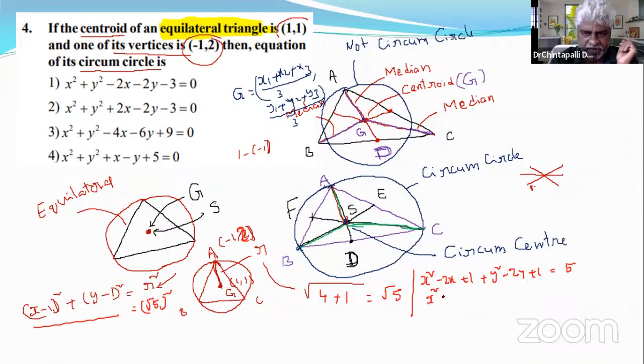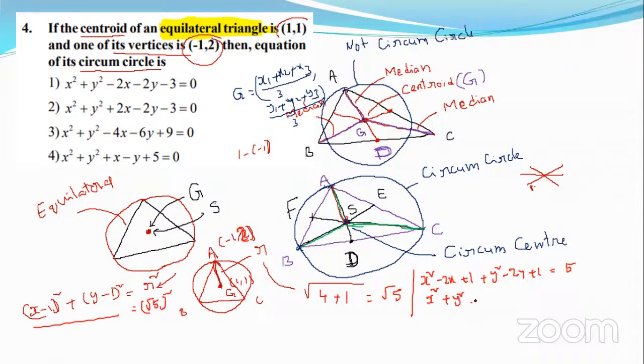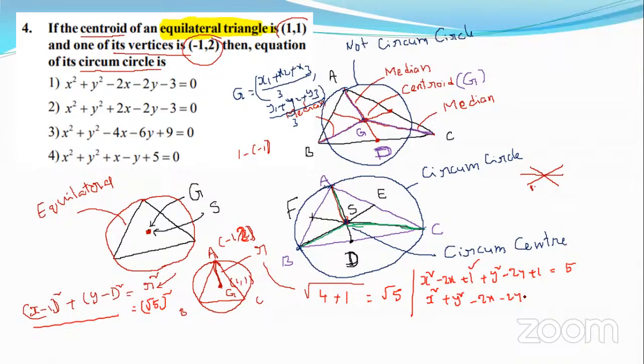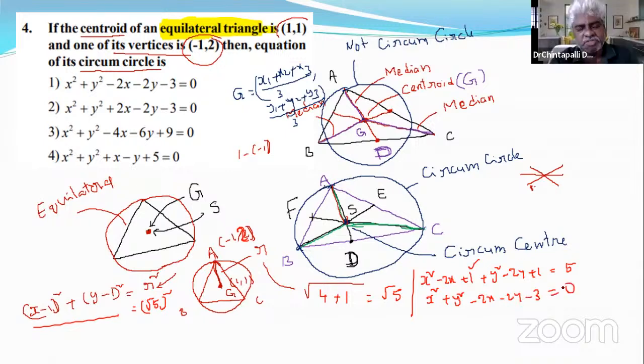So x square plus y square minus 2x minus 2y plus 2 minus 5 equals 0. What is 1 plus 1 minus 5? That's minus 3, sir. Minus 3 is equal to 0.